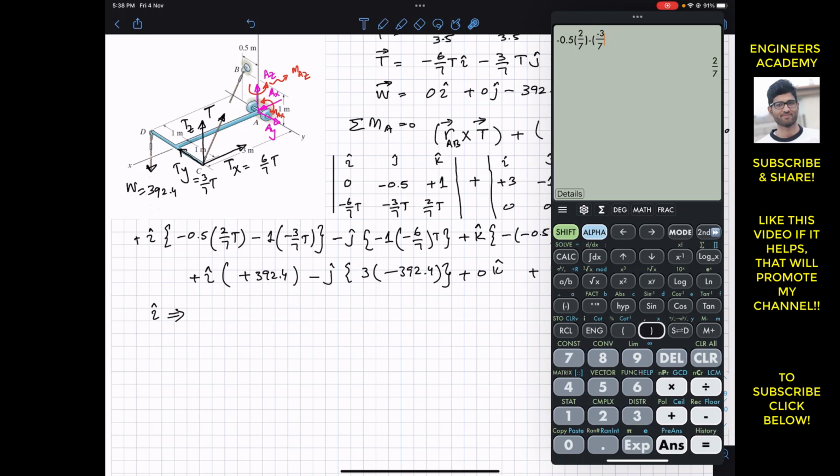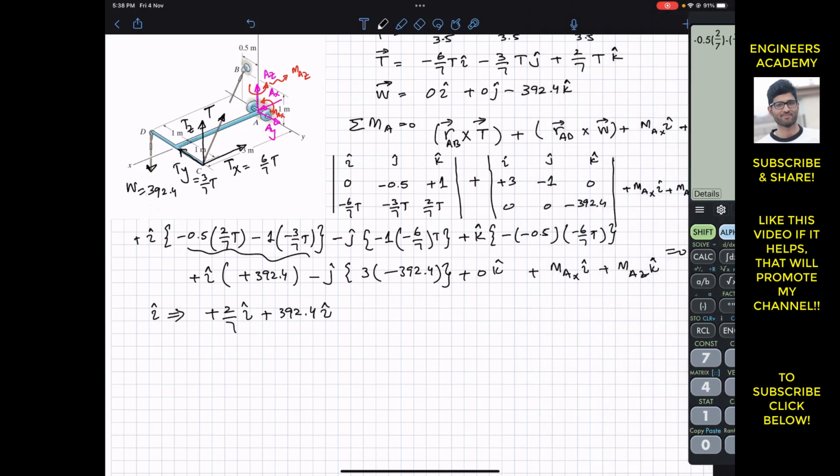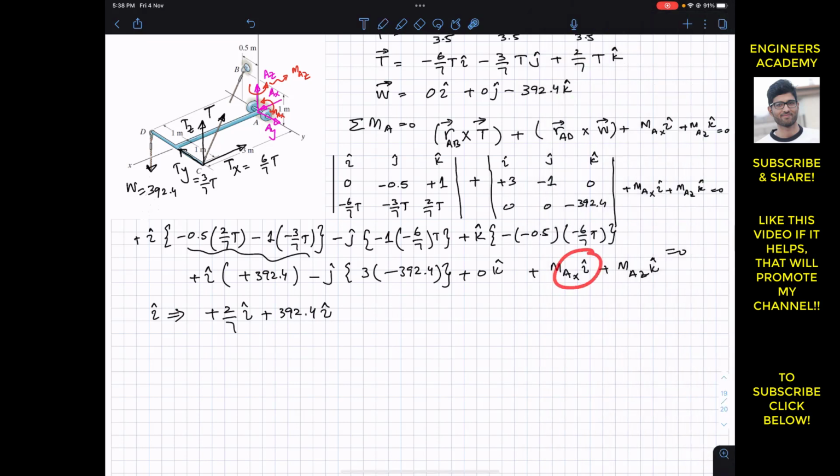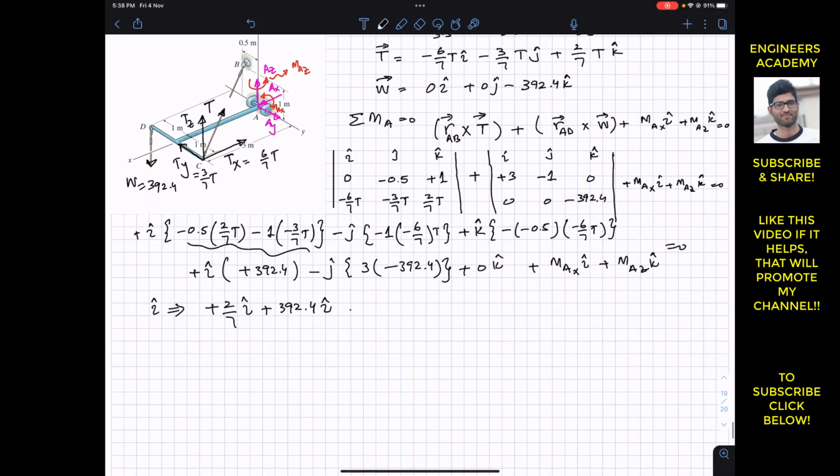This gives us 2 divided by 7, so plus 2 divided by 7i. Then we have this i term, plus 392.4 i, and then we have the couple moment, the reaction about the x-axis, so plus max, this is equal to 0. So this is our equation 1.